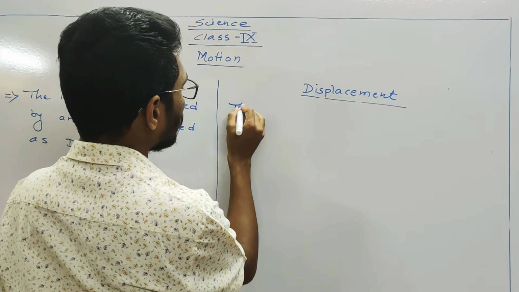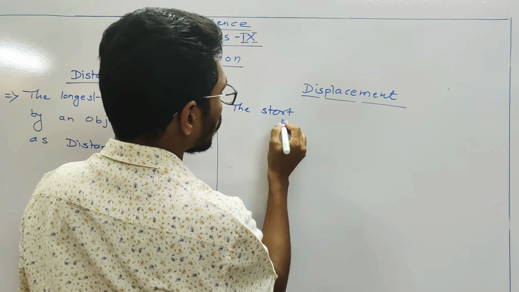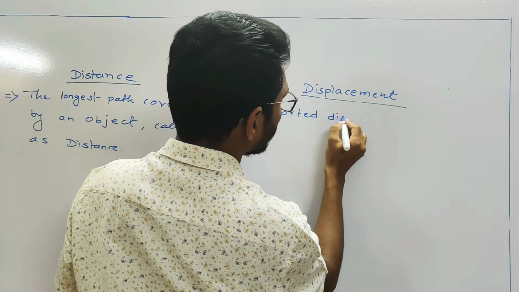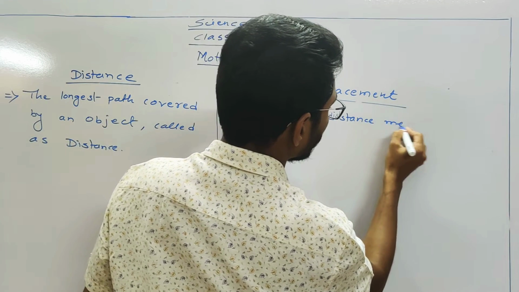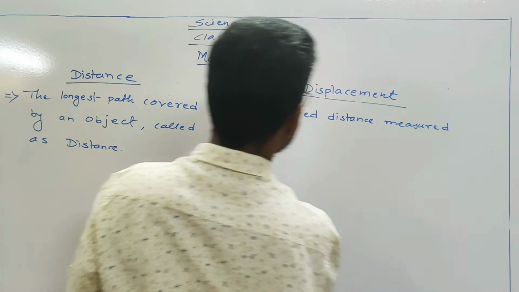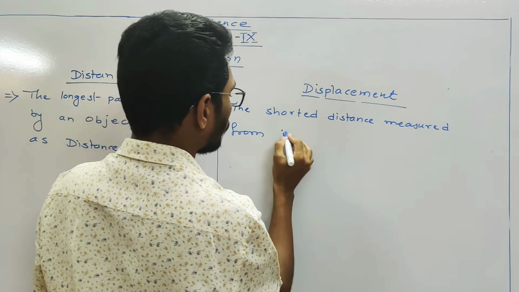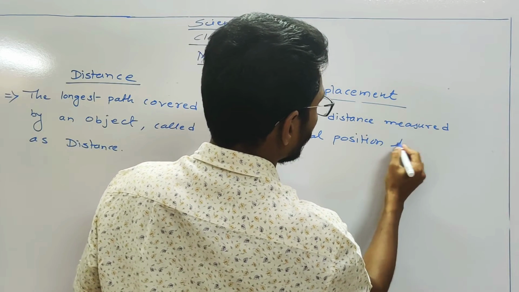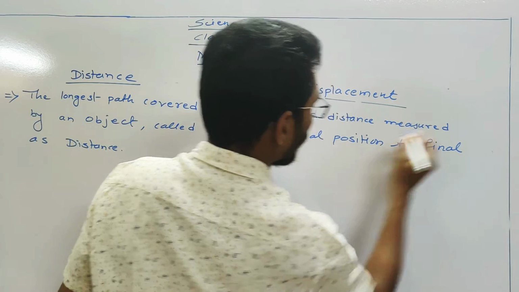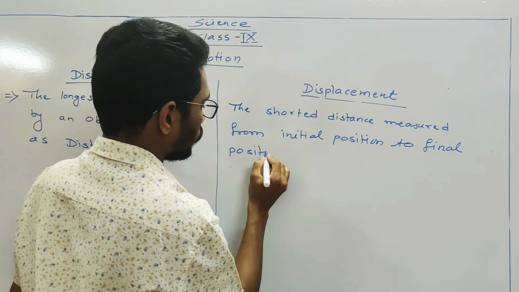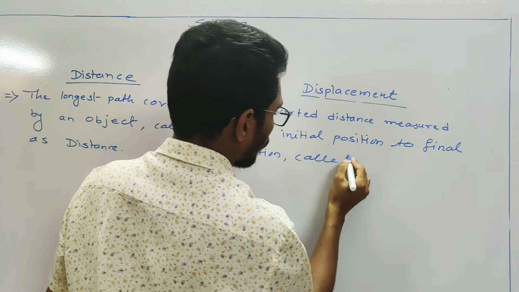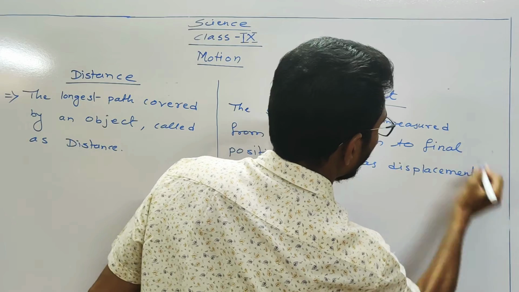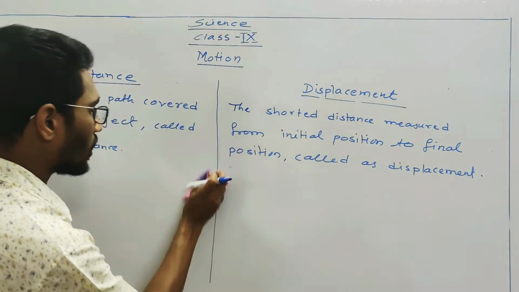Displacement is all about the shortest distance measured from initial position to final position, called displacement.